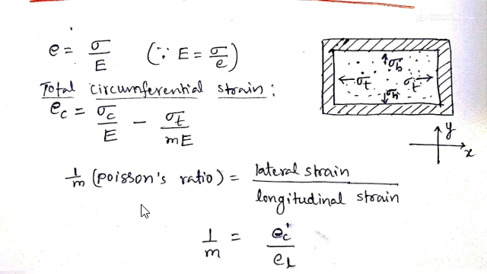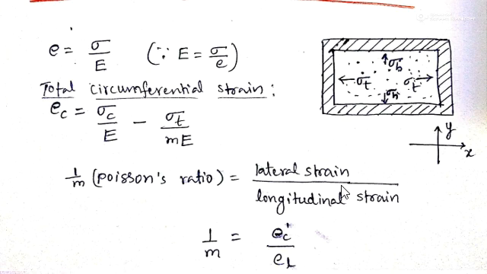From the basic definition of Poisson's ratio, we can write lateral strain by longitudinal strain. Let us consider the stress in the length direction, that is, longitudinal stress. This is the actual main direction. The strain in this direction will be the longitudinal strain or primary strain, and the strain in the perpendicular direction because of this stress is the lateral strain.